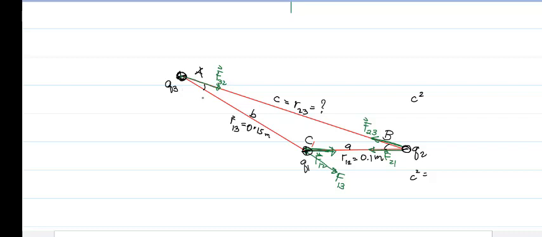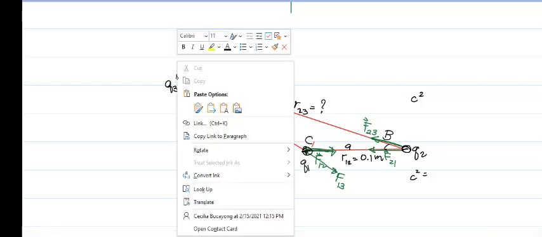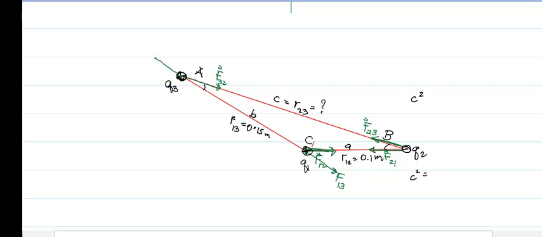And how about 3 and 1? We know that these two charges have equal sign, so the force should be repulsive, away from charge 1, along the line joining charge 3 and charge 1, in this direction.